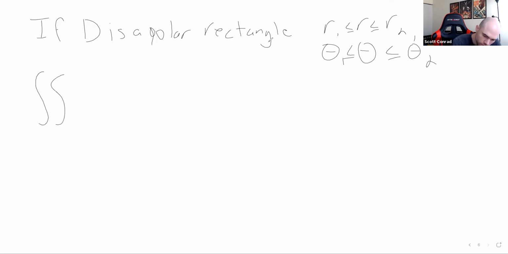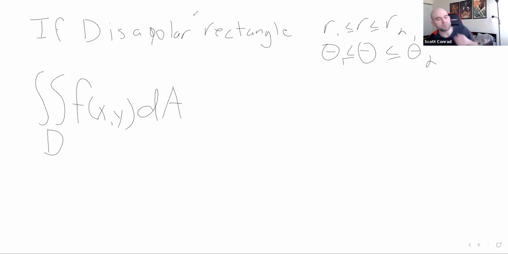The double integral over such a region D of some function of x and y with respect to area. So what we do is we switch to polar coordinates. We do a change of coordinates.